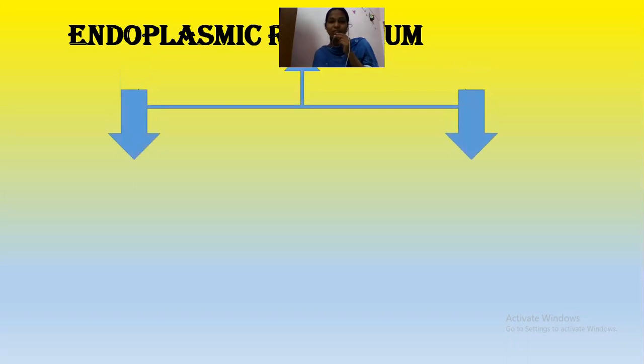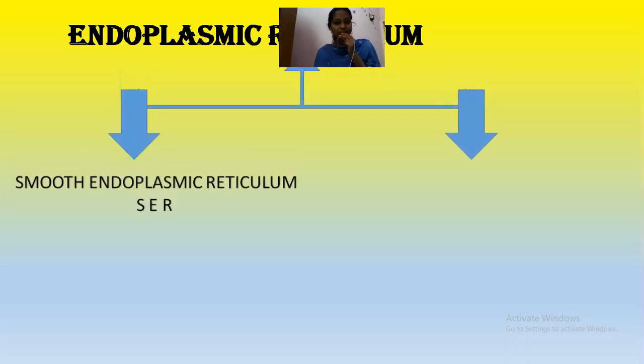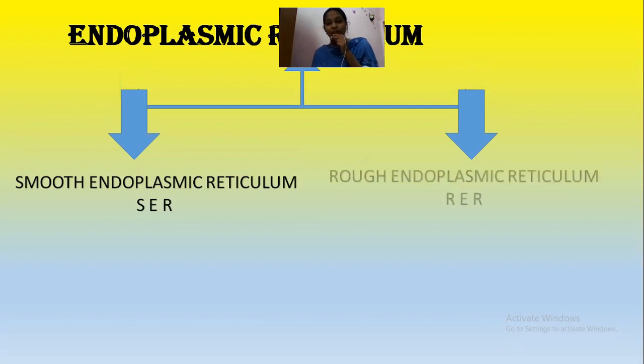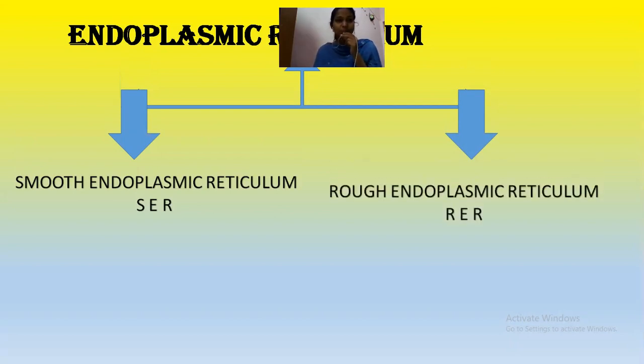Right, see. The endoplasmic reticulum is of two types: smooth endoplasmic reticulum and rough endoplasmic reticulum. The smooth endoplasmic reticulum is one type of endoplasmic reticulum, also called SER, and the rough endoplasmic reticulum is the other type, which is associated with ribosomes.